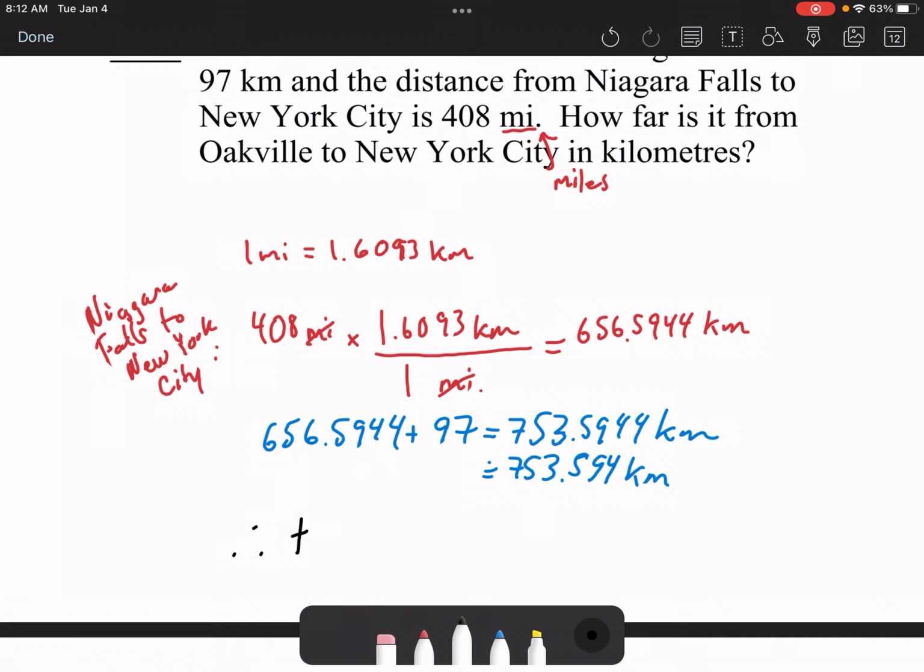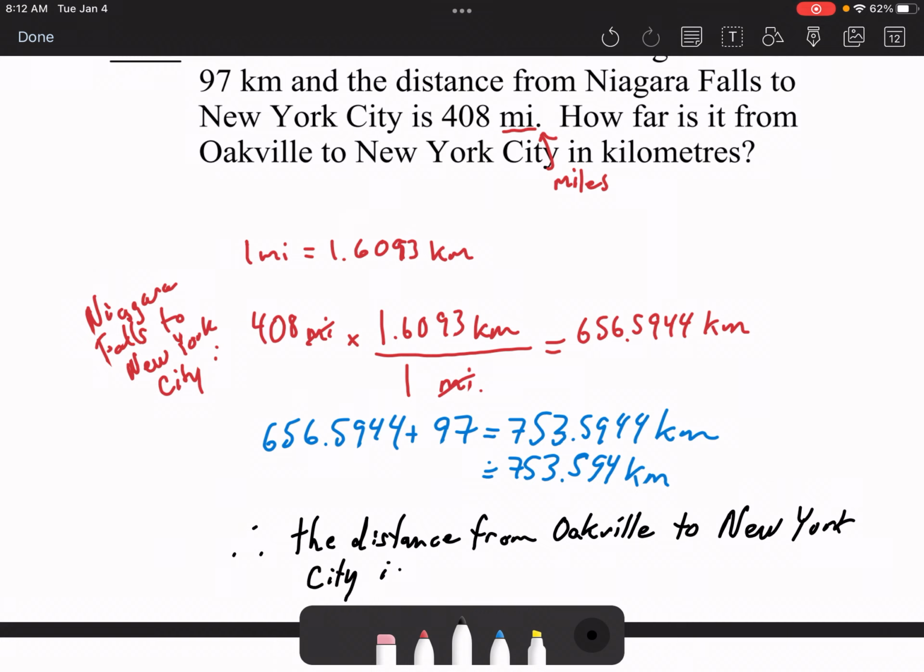Therefore, the distance from Oakville to New York City is about 753.594 kilometers.